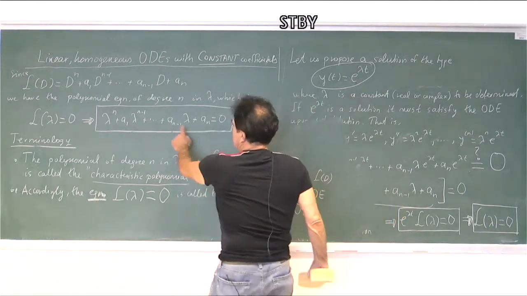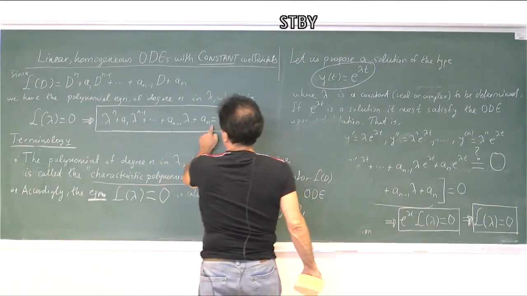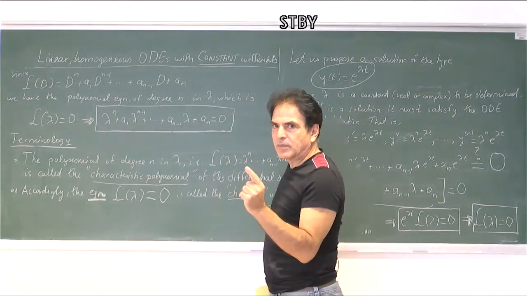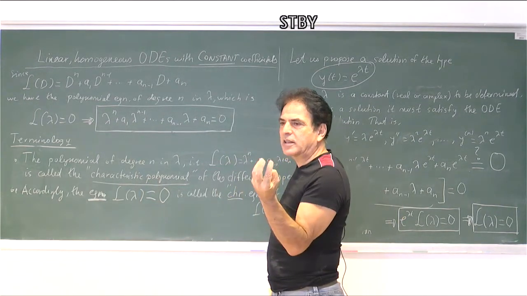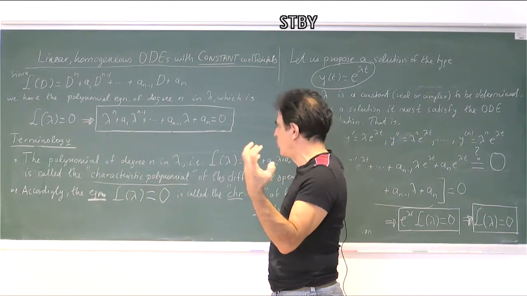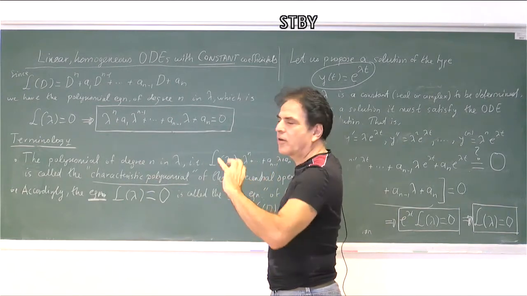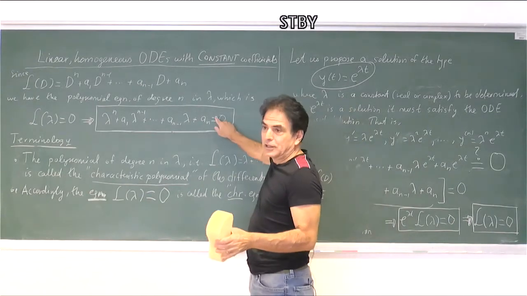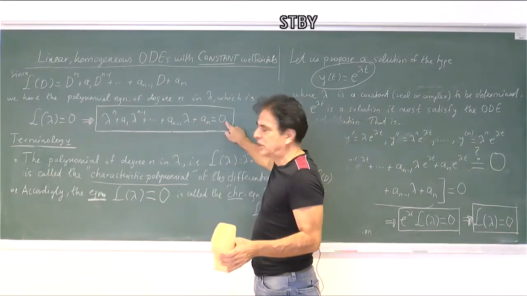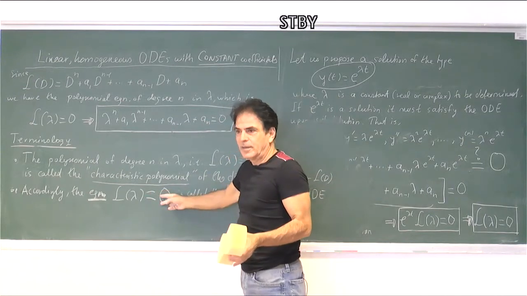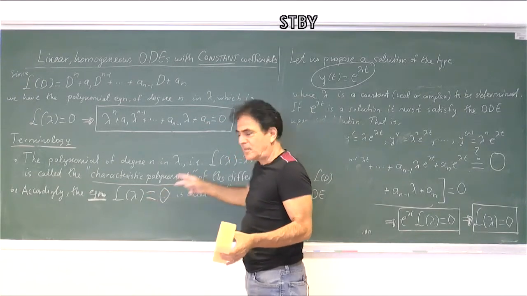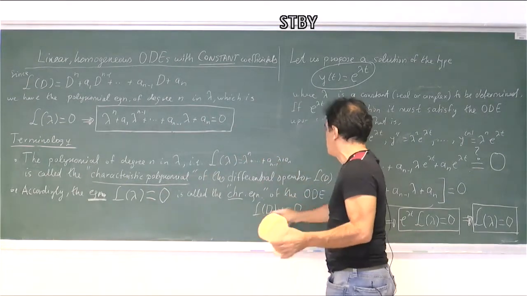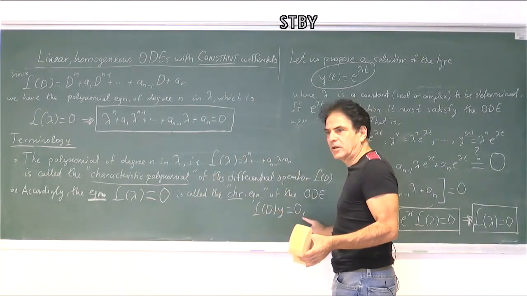The left-hand side, which is a polynomial of degree n in lambda, is called the characteristic polynomial of the differential operator. And when we equate the left-hand side to 0, we get an equation, called the characteristic equation of the differential equation L(D)y equal to 0.